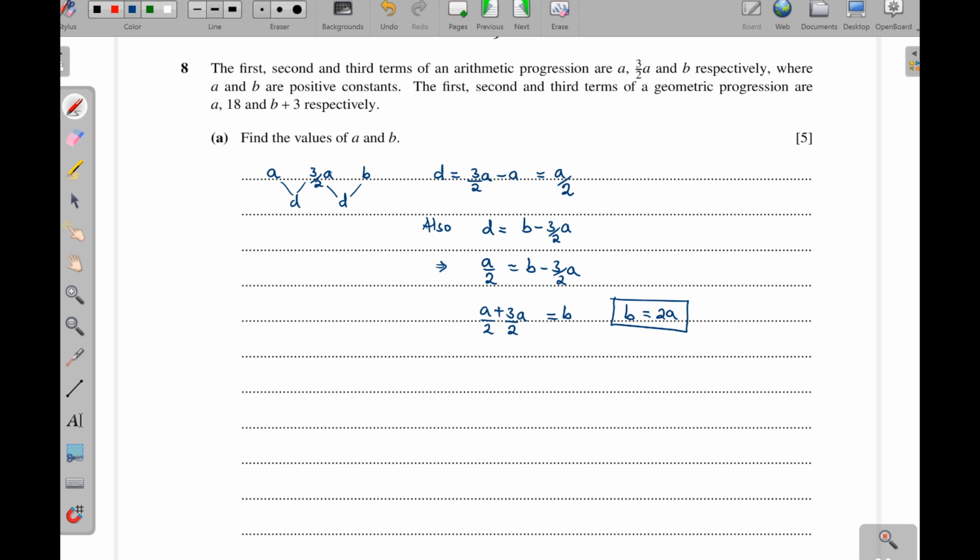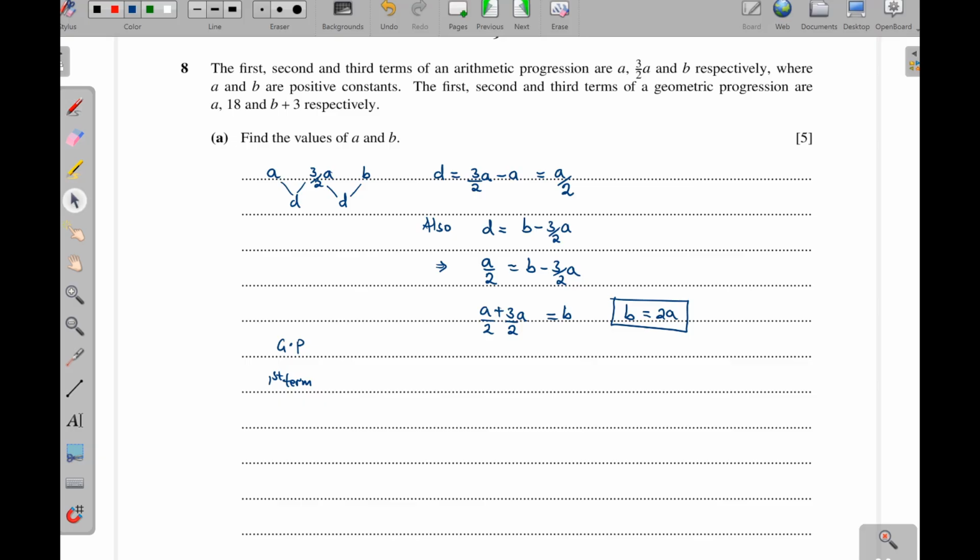Then next, we are going to have the first, second, and third terms of a GP are these ones here. Now, we know that the first term of the GP, so here we are looking at the GP. In fact, let me separate this one. Here, I'm looking at what?